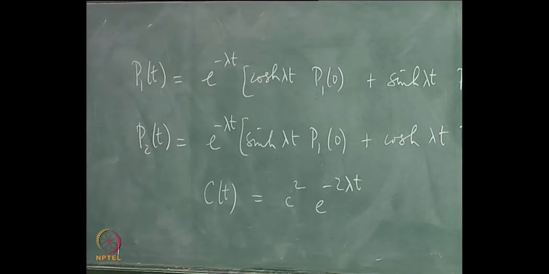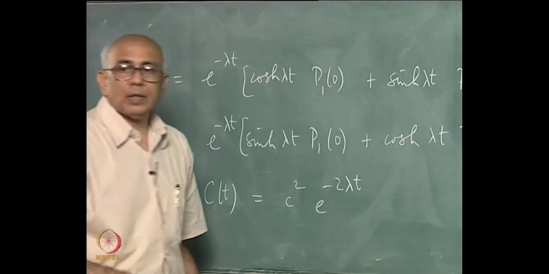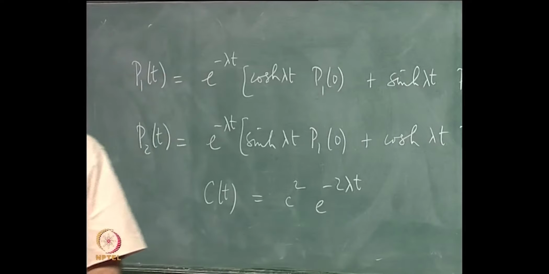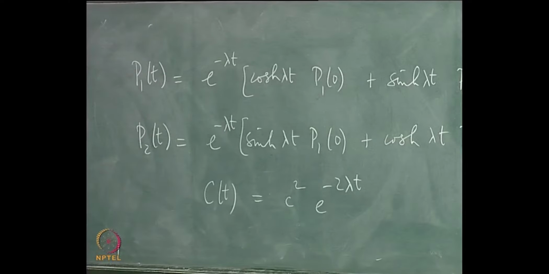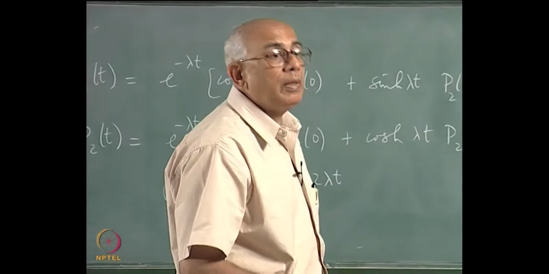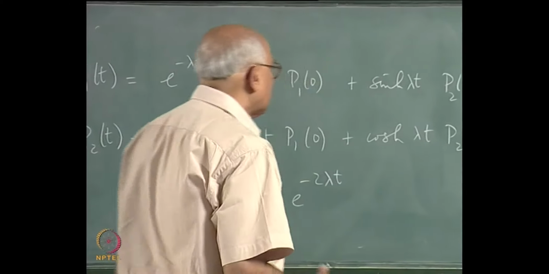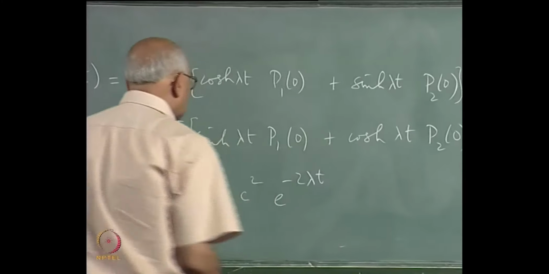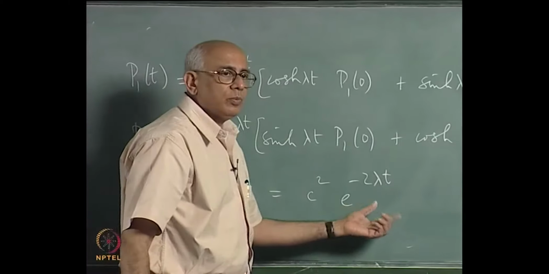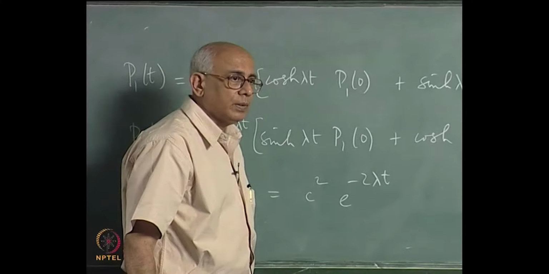It is exponentially correlated with the correlation time which is 1 over 2 lambda. That is the time scale on which the memory acts. That is not surprising because there is just one time scale in the problem, so you end up with something which is proportional to lambda inverse here.